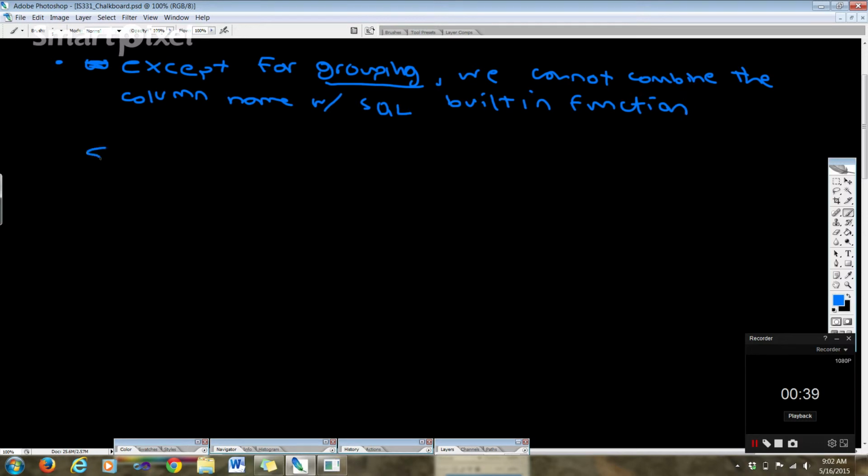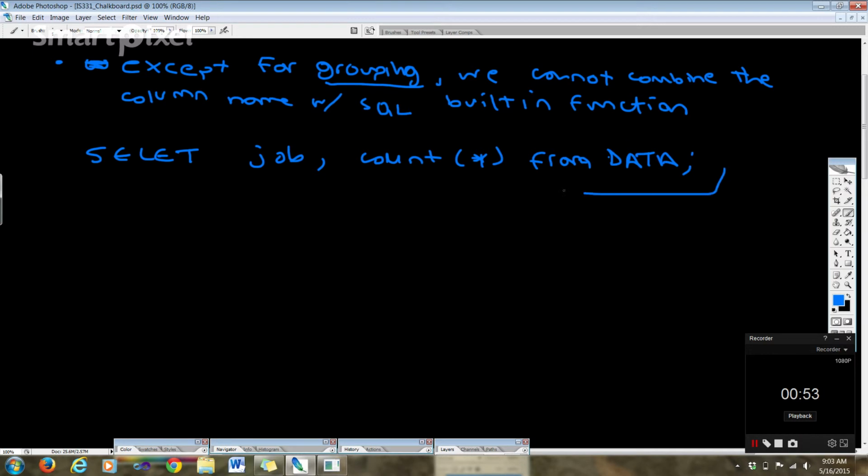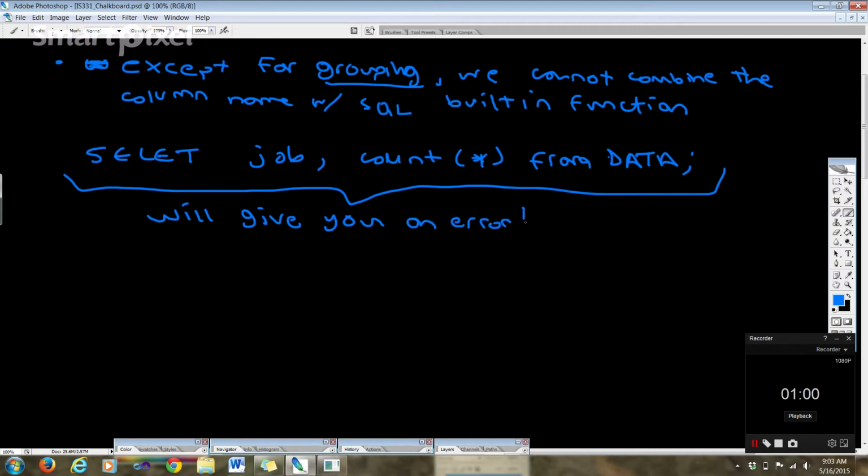So if we say select job, comma, count star from data, this is going to give us an error. Right? Because we selected count star without grouping, and count, remember, was one of the 5 built-in functions. Remember? Sum, average, count, min, max.